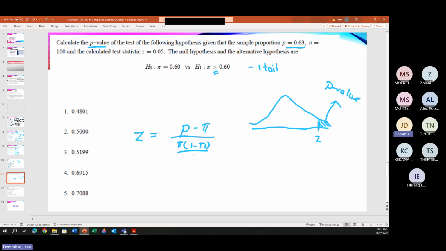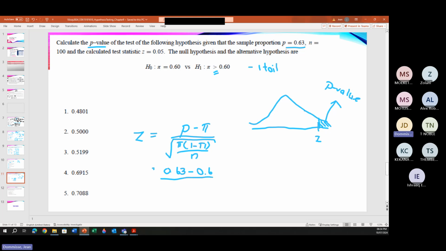So again, nearly important of study unit 7 that comes in here of proportion. So let's quickly see. The P is 0.63. And we're testing it against 0.6.